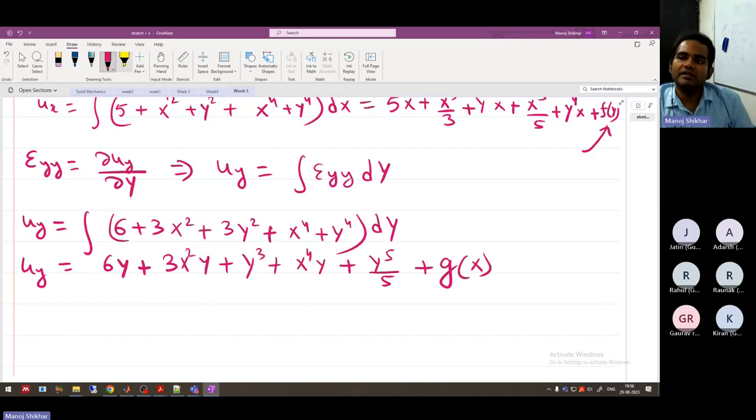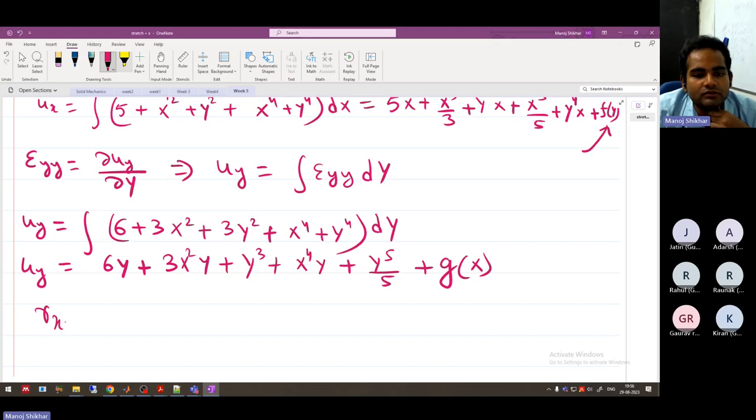Now it's not necessary that the function of y and the function g of x will be the same. They can be different functions.